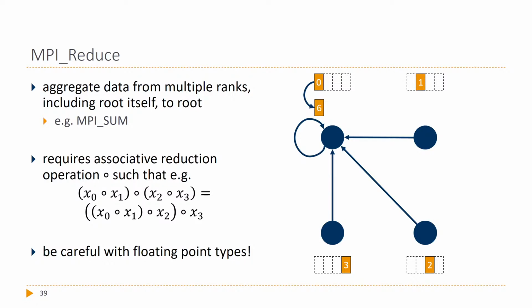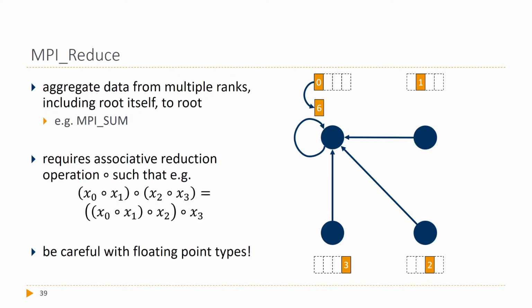This is not necessarily true with floating point types, because floating point types in their IEEE 754 implementation that we have on our processors nowadays are not designed to be exact in terms of math. They are designed to be, first of all, quite fast, because floating point computation, for those of you who know how floating point numbers are implemented in hardware, you know that this is comparatively complicated.